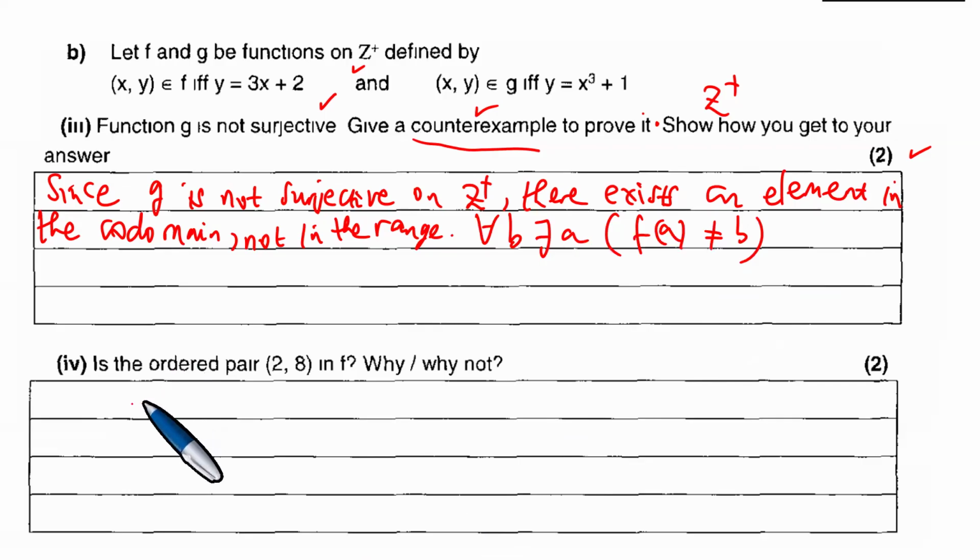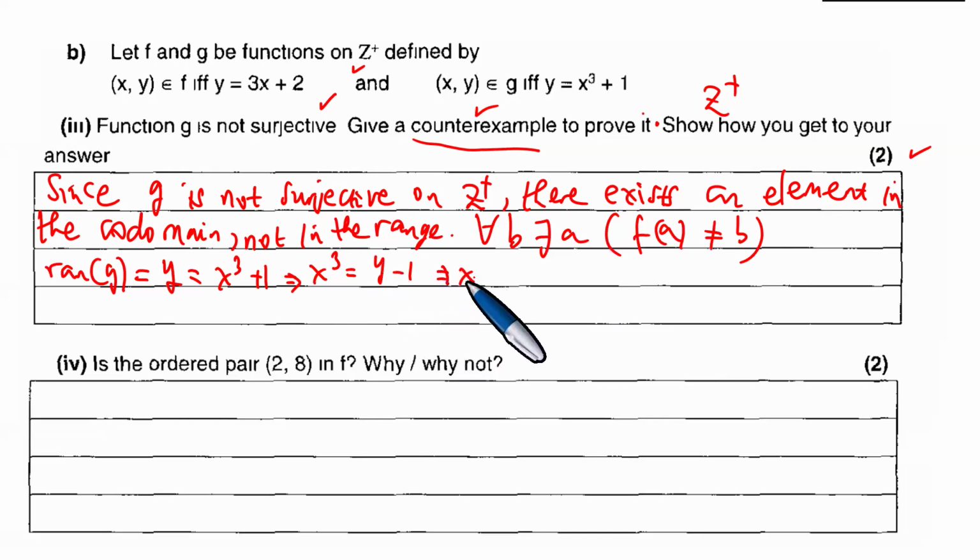Now, what we're able to see here is that whenever we define the range of g, the range of g is y, which is x cubed plus 1. We can transpose the terms, getting x cubed equals y minus 1, which is x equals the cube root of y minus 1.